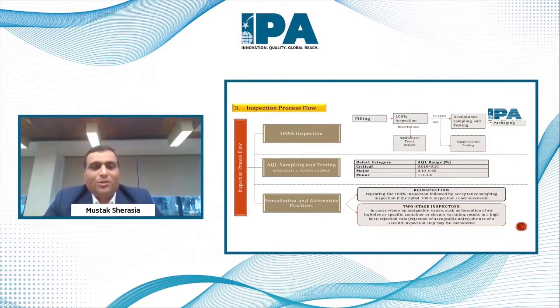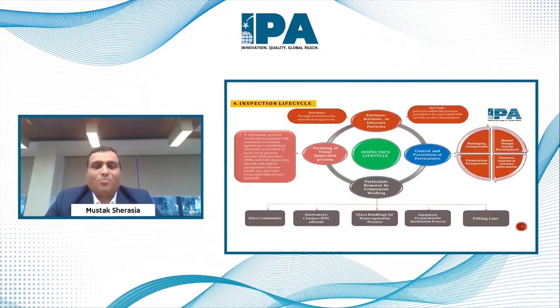Two-stage inspection is also recommended if you have a probability of false failure during your visual inspection; the second stage inspection is then used to identify those false rejections. However, the limits and criteria have to be defined with a sound scientific rationale for these re-inspection and two-stage inspection processes. Next slide.